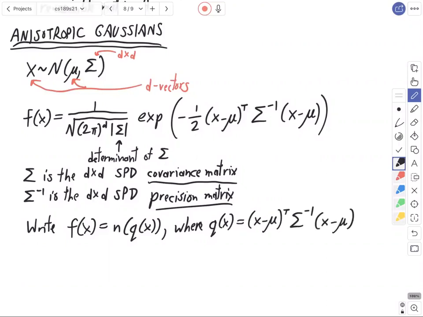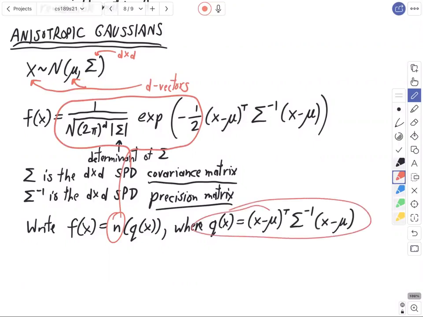And then n is going to be the rest of this. But that's a scalar map. That's mapping a real number to another real number. There's no vectors anymore. The vector part is all handled by q of x, which takes a vector and reduces it down to a quadratic scalar. And it's a quadratic form, you'll notice. It's the quadratic form of sigma to the -1.